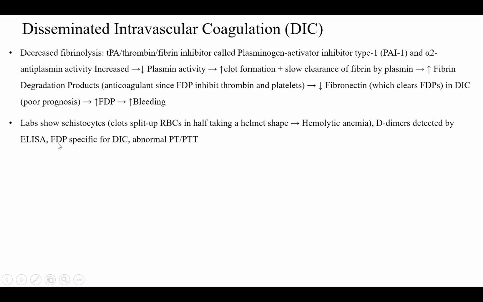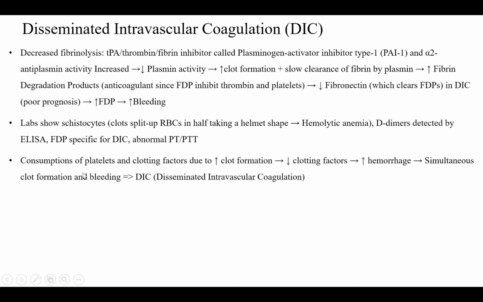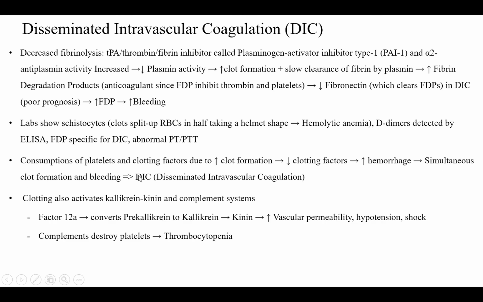Fibrin degradation products are specific for DIC, and also you'll have abnormal PT, PTT, and bleeding time. Consumption of platelets and clotting factors due to increased clot formation and decreased clotting factors leads to hemorrhage. So this simultaneous clotting and bleeding is basically termed DIC.